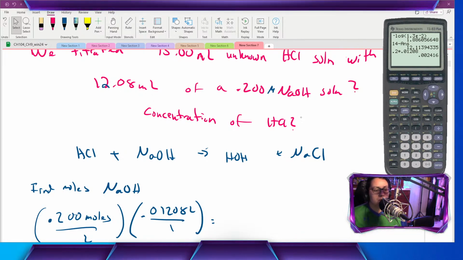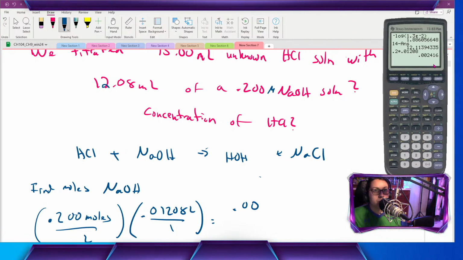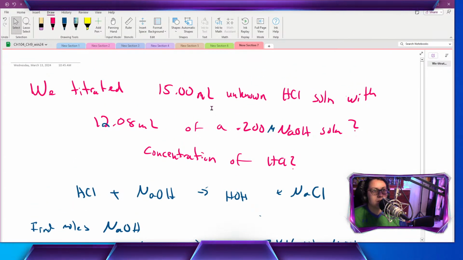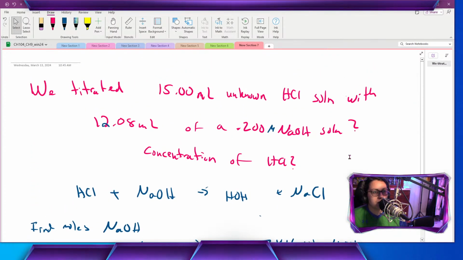And so I get about 0.002416. That's moles of sodium hydroxide. So there are this many moles of sodium hydroxide, and they're the same moles that are in our HCl solution.